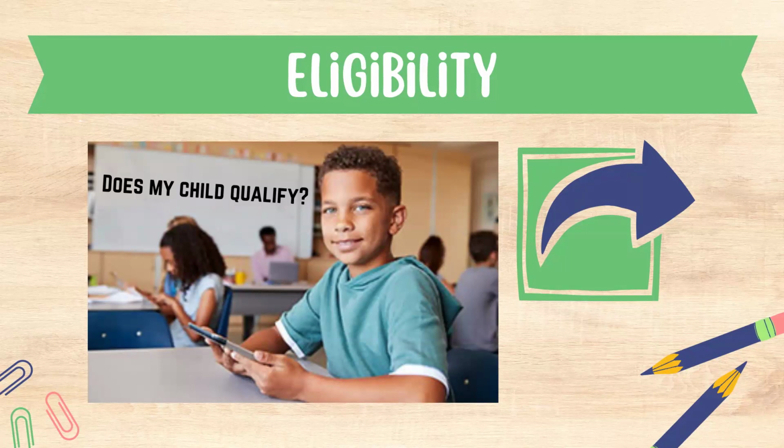According to OCR, the Office for Civil Rights, the determination of substantial limitation must be made on a case by case basis with respect to each individual student. It is not based on a generalized view.